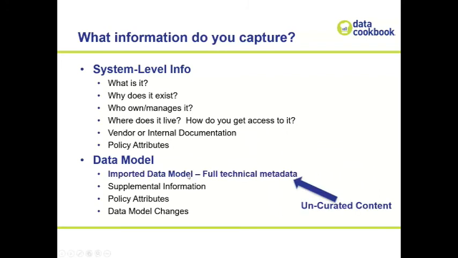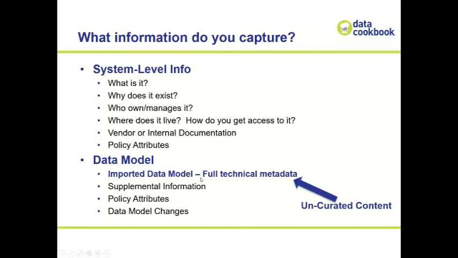The point here is that this information is uncurated content: the imported data model, the full technical model. There are lots of tools you can use to generate or derive data model content, and being able to link to or import that information is incredibly useful in your inventory. It's important that this can be relatively easily created, depending on what tool set you have, and doesn't require a bunch of curation, so you can bring this information in to those who need it pretty easily.